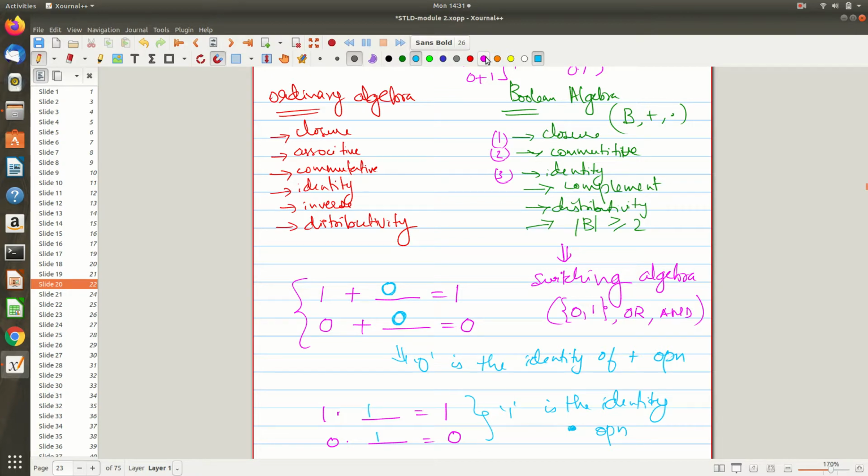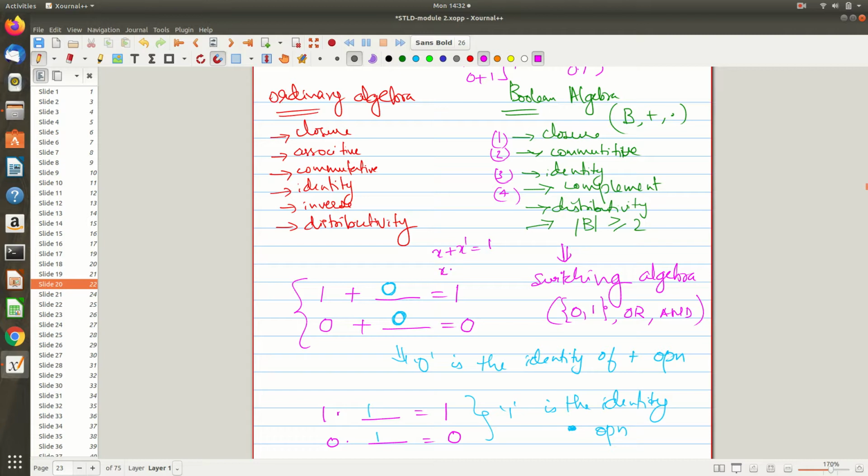So that about it. Now the third and the fourth things are the complement operation, that is, the existence of the complement. I hope you remember how we defined complement. Any element plus its complement should give you the identity of the other operator. Here it is OR, so what is the identity of the AND operation? You know the identity of dot is 1. So this is my one requirement.